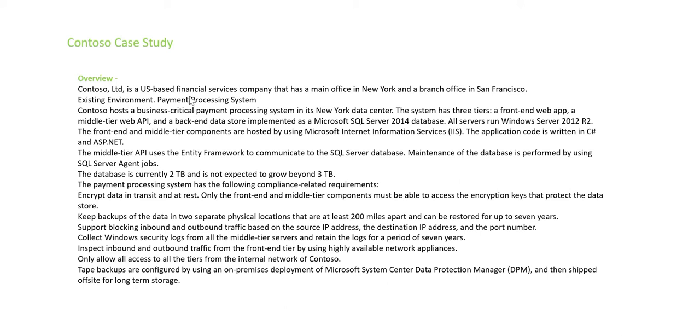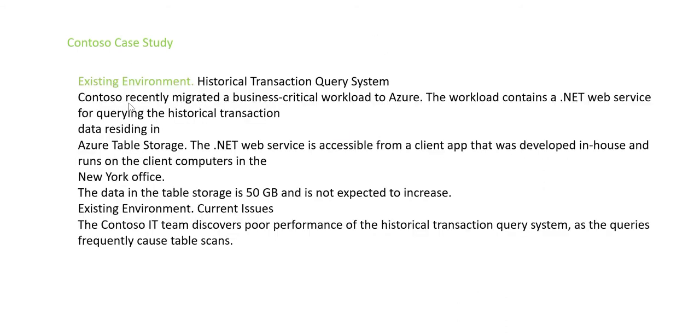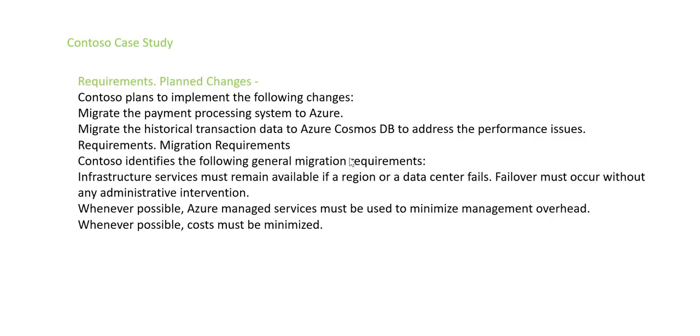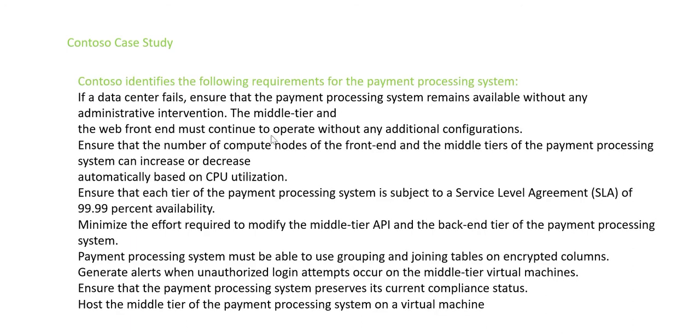The way this question is structured is that it gives you an overview. This is a case study. It gives you an overview, and then it talks about the existing environment of the historical transaction query system. Then it talks about the requirements. In this slide, there are requirements with respect to the payment processing system.